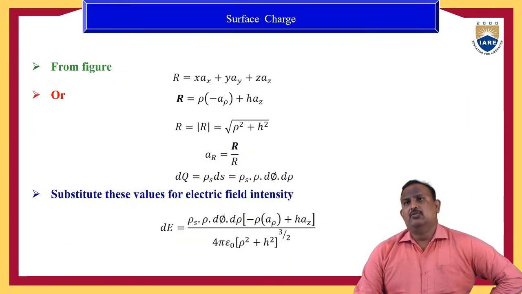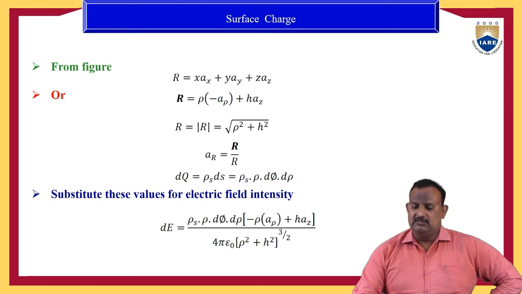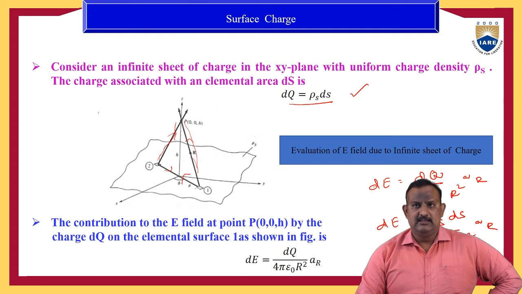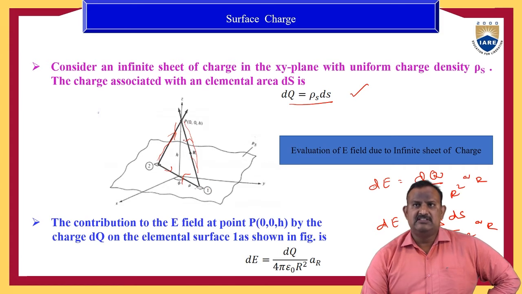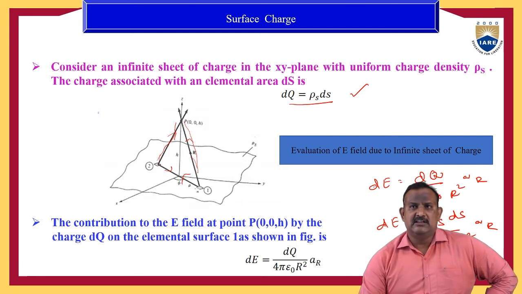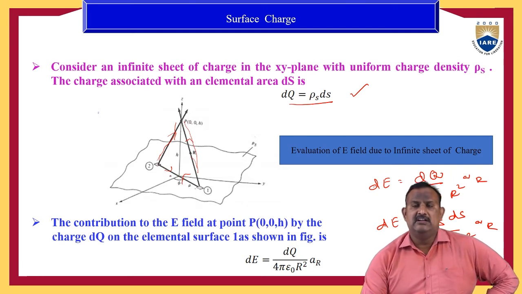Next, we first need to find the distance r from the figure. Here r is the distance between point 1 and point P. Rho is the side 1, 2, and h is the height of the triangle.